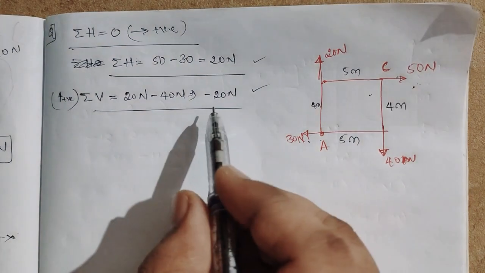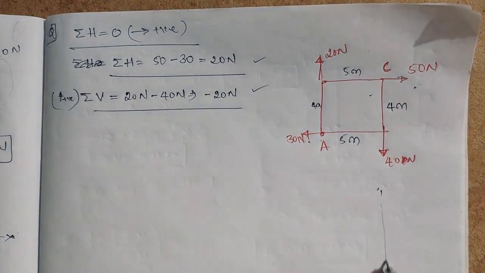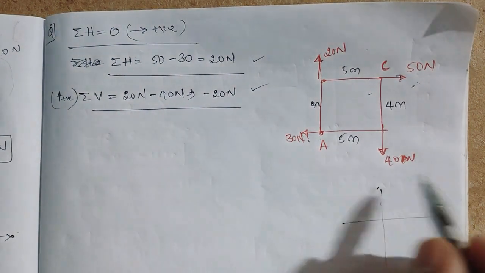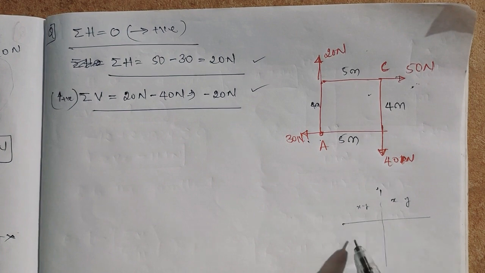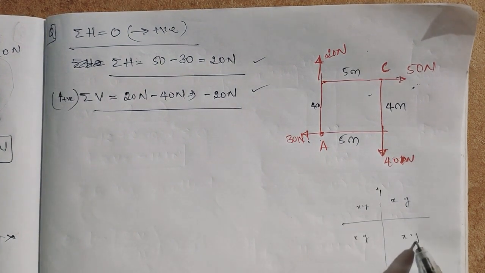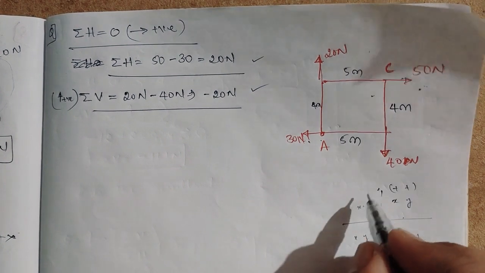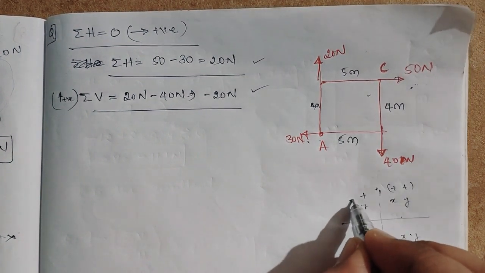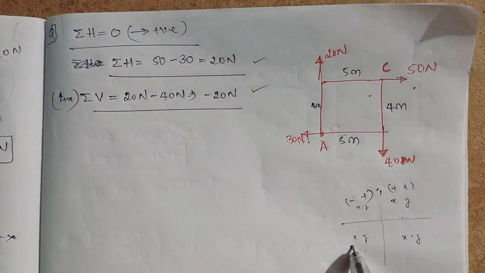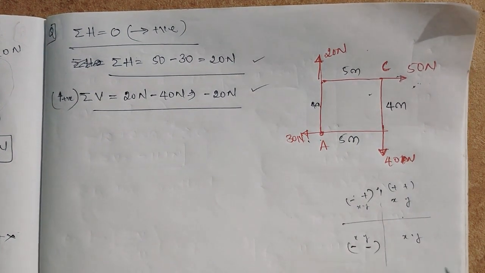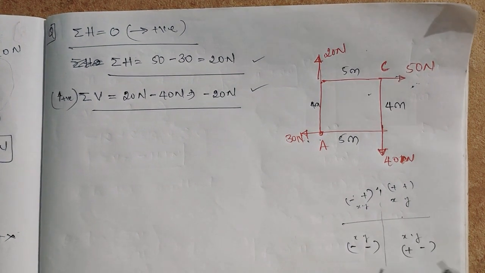So here only we can decide which is the quadrant. So if we have a quadrant here, so what are the quadrant values? X, Y, X, Y, X, Y and X, Y. Here both X and Y are positive. Here Y is positive, X is negative. Here X is negative and Y is negative, both are negative. Here X is positive, Y is negative.